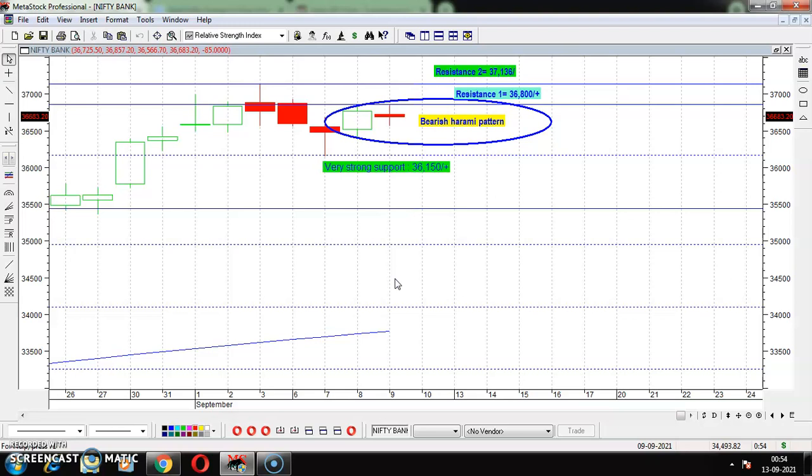Even if it comes downside, the very vital support would be 36,500. This is a very strong support, 36,150, and the resistance would be 37,136. This is as far as the Bank Nifty view is concerned.